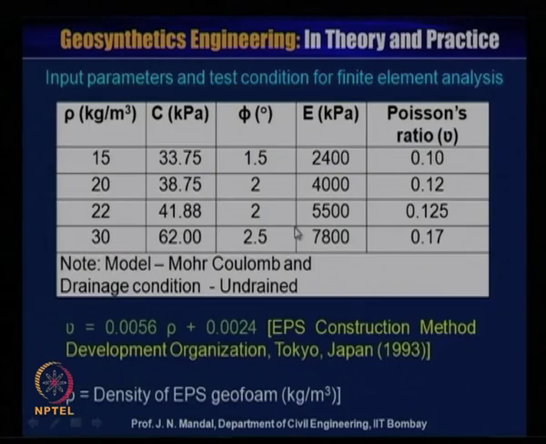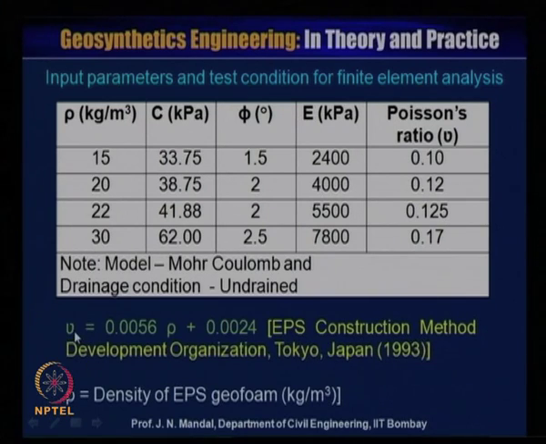So these values are also incorporated into the FEM analysis, and we also calculated the E value of the material, and then Poisson's ratio is taken, mu is 0.1 in this case, 0.12 for 20, 0.125 for 22, and for 30 density it is 0.17.